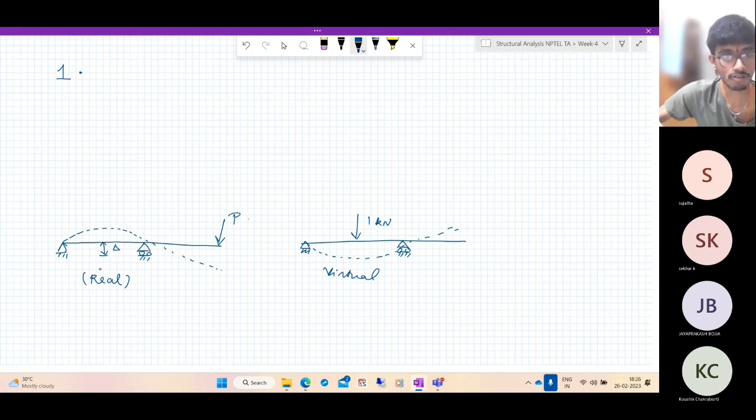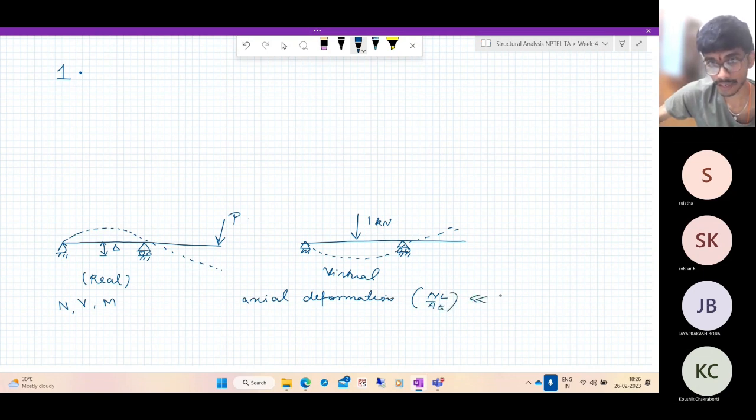Now what are the internal forces in a beam? We have axial force, shear force, and a bending moment. But usually the axial deformation of a beam, NL by AE, is much less than the bending deformation.